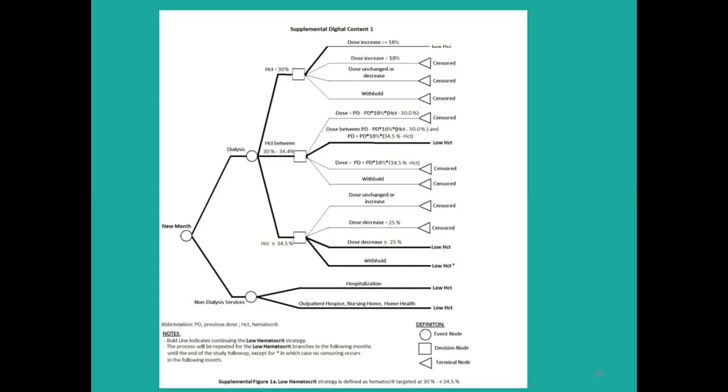So we need a decision tree to exactly describe the scenarios in which we need to estimate treatment weights, so that we can include the weights in the final weighted analysis.